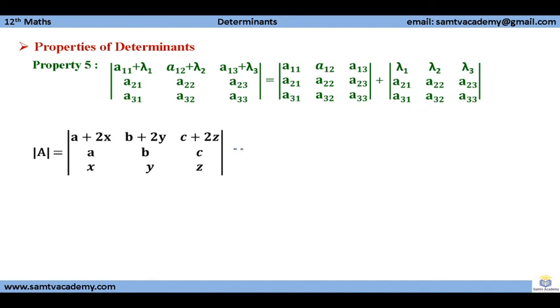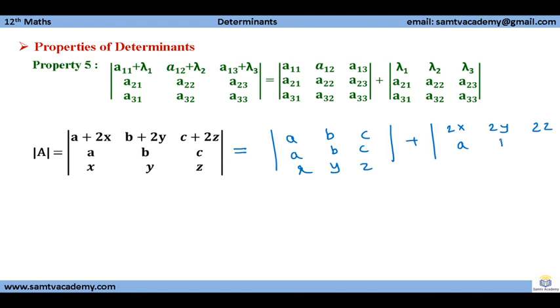Now let's expand this matrix. This determinant will become a b c, a b c, x y z, plus 2x 2y 2z, a b c, x y z.